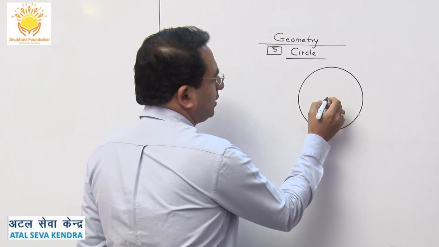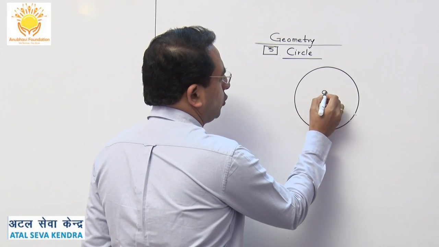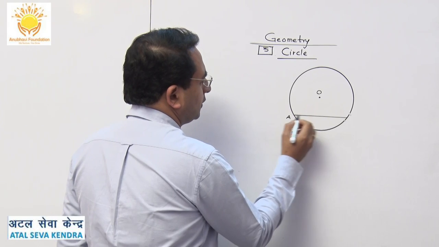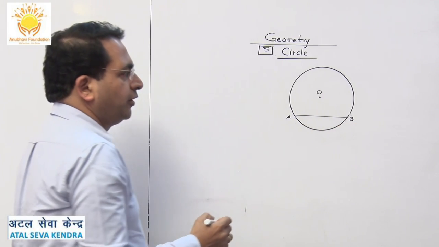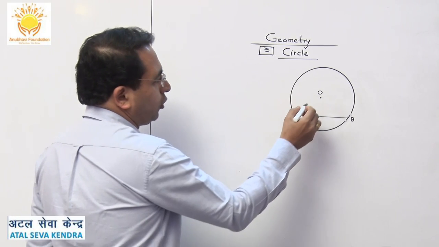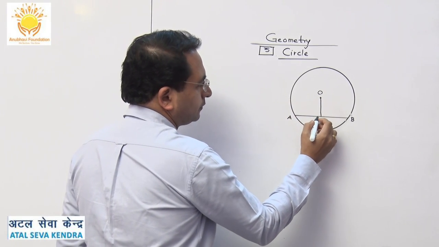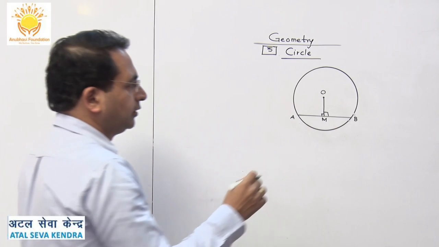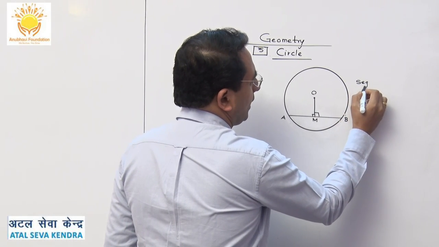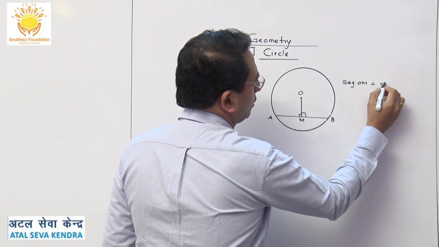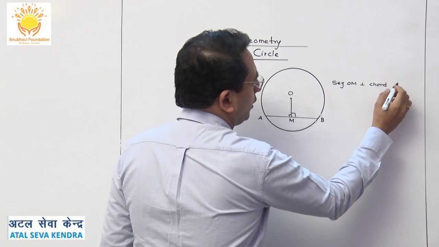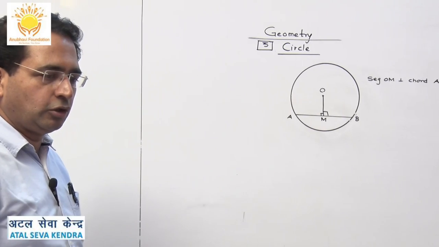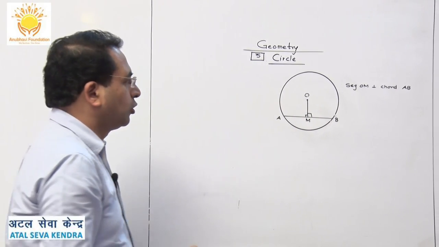This is the center of the circle, that is O. Now if I draw a chord here, then this is chord AB, and if I draw the perpendicular on that, which is OM, so I write here segment OM is perpendicular to chord AB, and when you drop the perpendicular on chord AB, that bisects the chord.